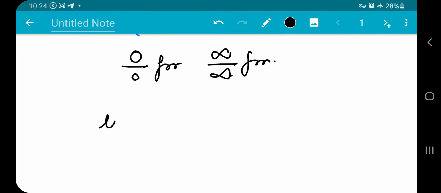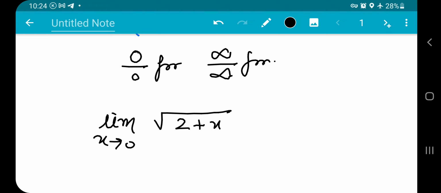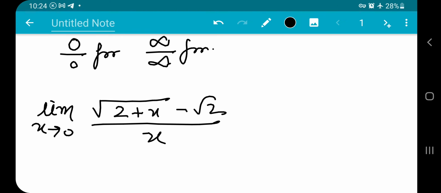Like for an example, limit x tends to 0, root of 2 plus x minus root 2 by x. If you put the value, you will see 0 by 0 form is coming.